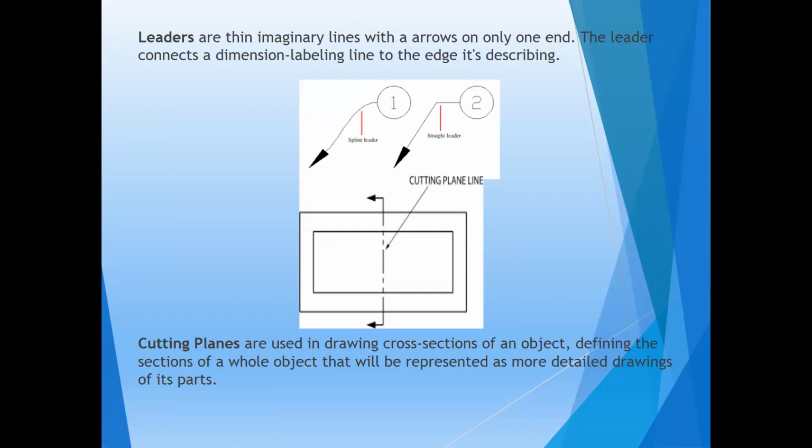Leaders are imaginary lines with an arrow on only one end. The head is connected to dimension labeling or a description. Cutting planes are used in a drawing to show a cross section of the subject, defining the section of a whole object that will be represented as a more detailed drawing in its part.